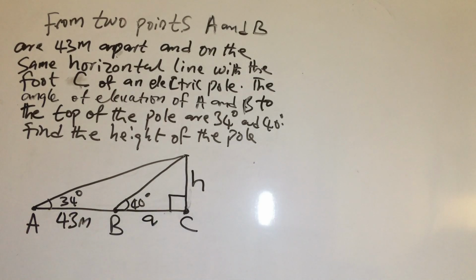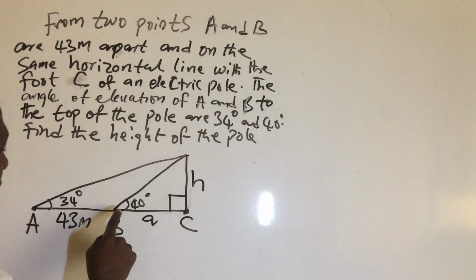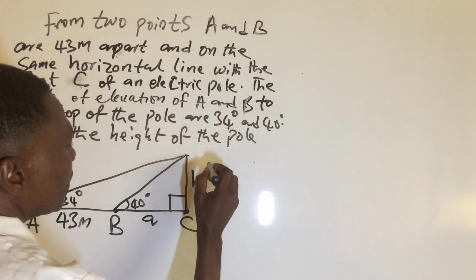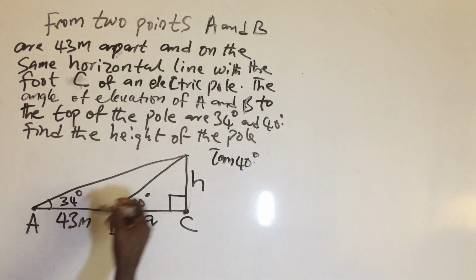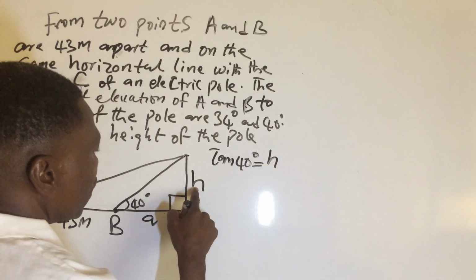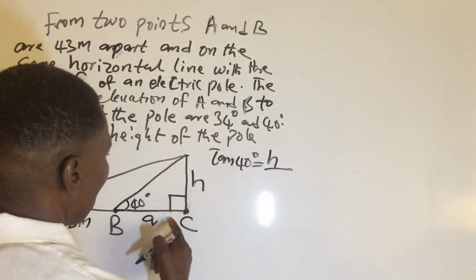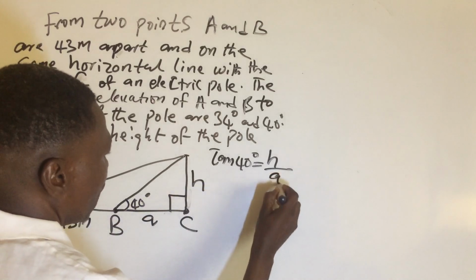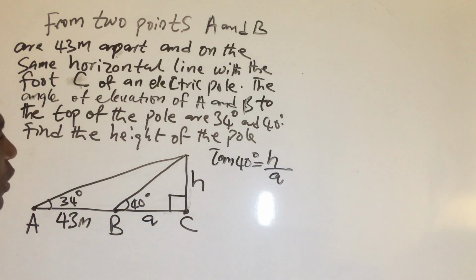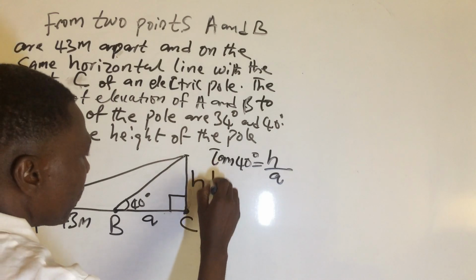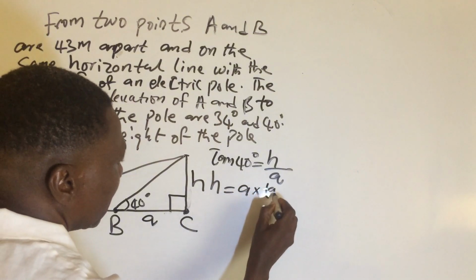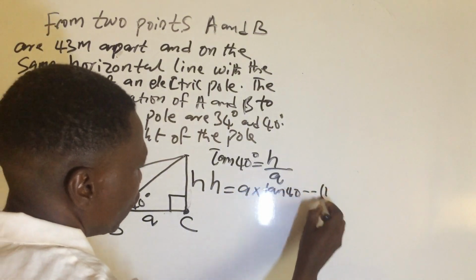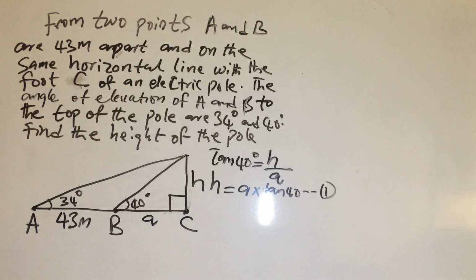Now let us use our trigonometric ratio, that tan 40 degrees is equal to opposite, which is the height H, all over adjacent to the angle, which is a. And we are looking for height, which is H. Now making height the subject of formula, height equals a times tan 40. Let's call it equation 1.